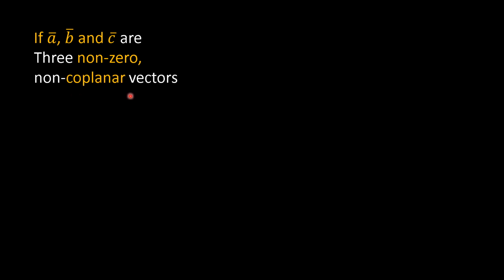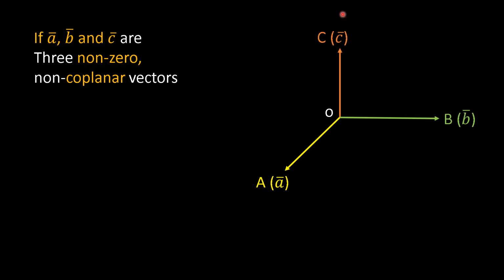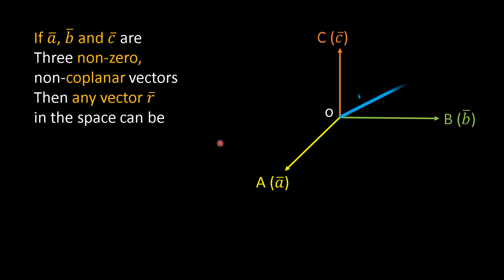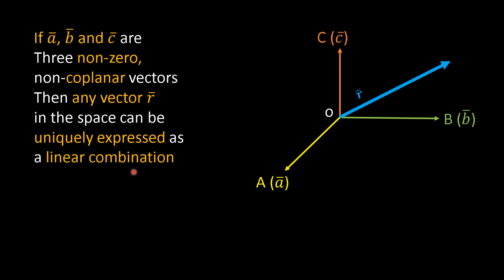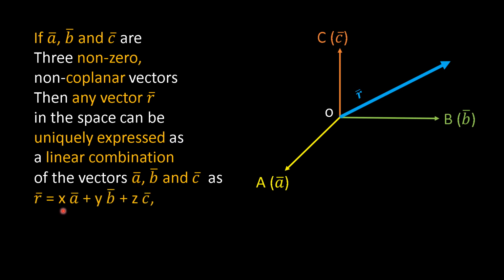If A bar, B bar and C bar are three non-zero non-coplanar vectors like these, then any vector R bar in space, this one, can be uniquely expressed as a linear combination of the vectors A bar, B bar and C bar as R bar equals x A bar plus y B bar plus z C bar.